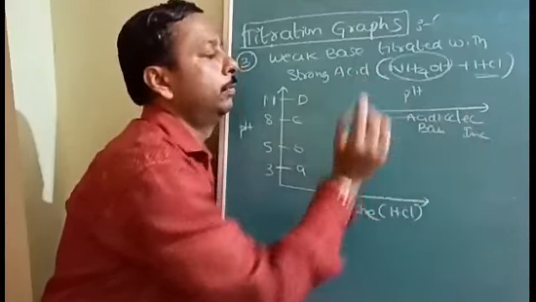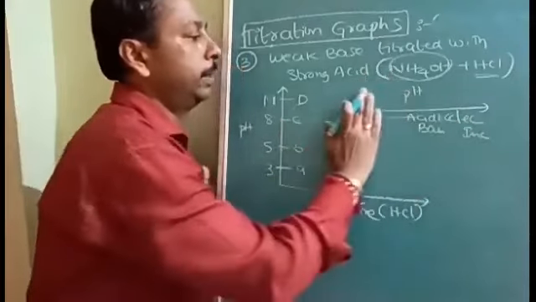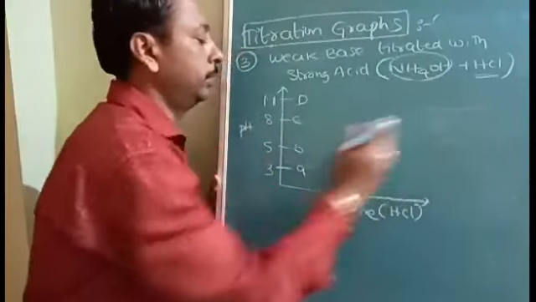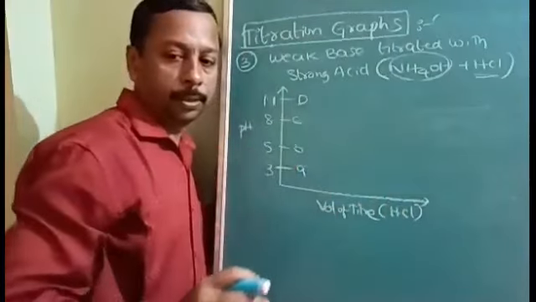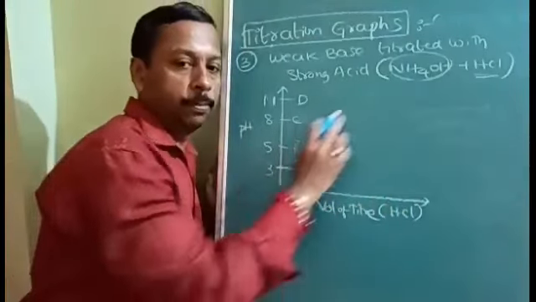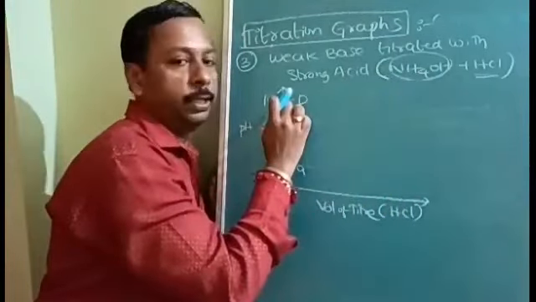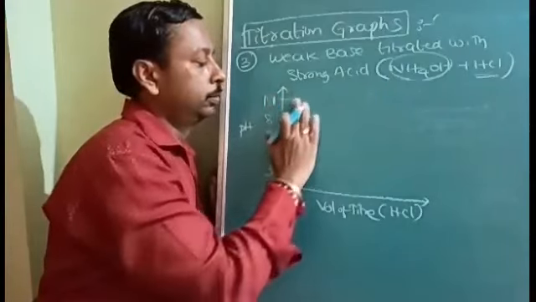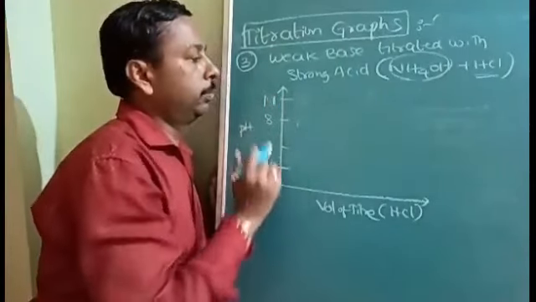So here it is a weak base, so 11 is not possible or 14 is not possible. C is possible. Simply, if suppose it is NaOH, then it will be nearby this one. So this is just to make you aware about the starting point.